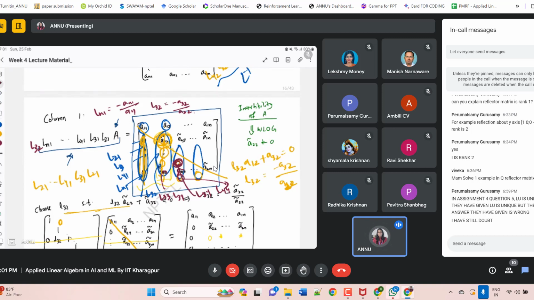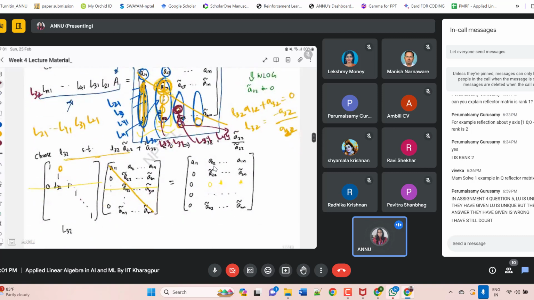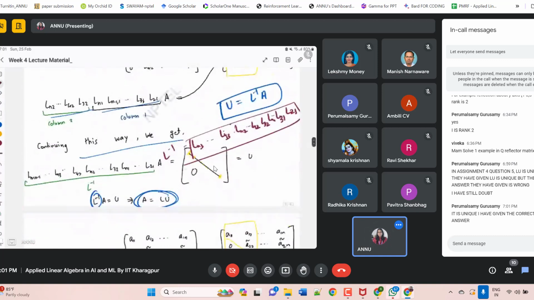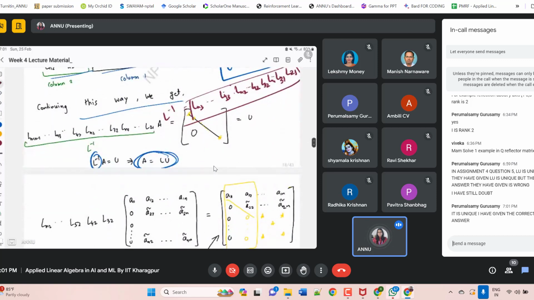And based on this L, you are trying to find U. So U is nothing but L inverse of A. So we are calculating L inverse: this is column 1, column 2, and continuing this. What we are trying to do is this whole multiplication, L21, then L31, and so on up to Ln1, then L32, and so on up to Ln2, till the point that we get the upper triangular matrix.